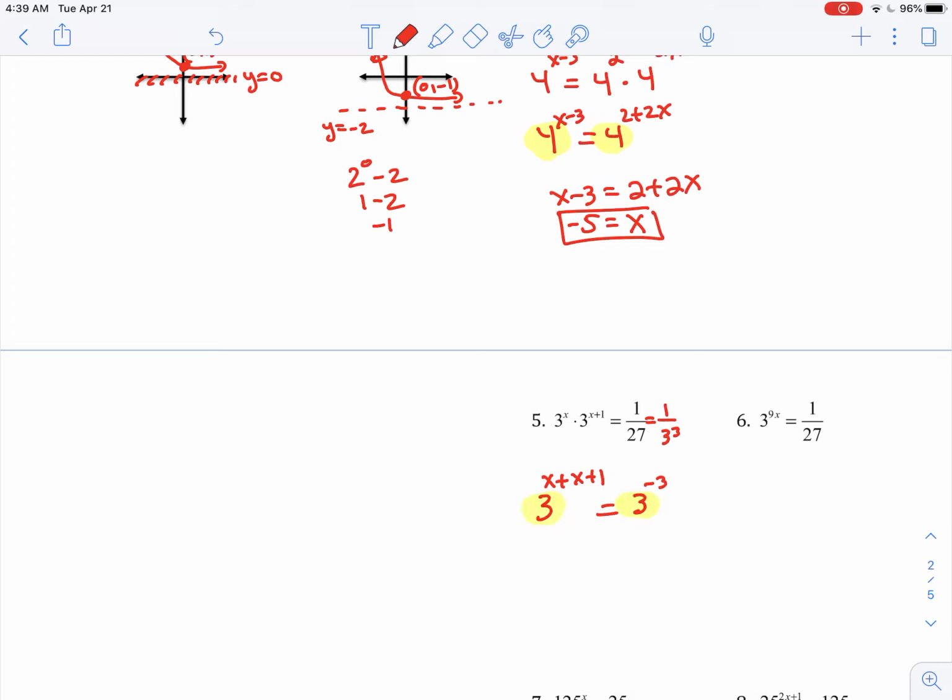And now that our bases are the same, left side equals the right side, we can set those exponents equal. So our 2x plus 1 would have to equal our negative 3, or 2x equaling a negative 4, x being a negative 2.